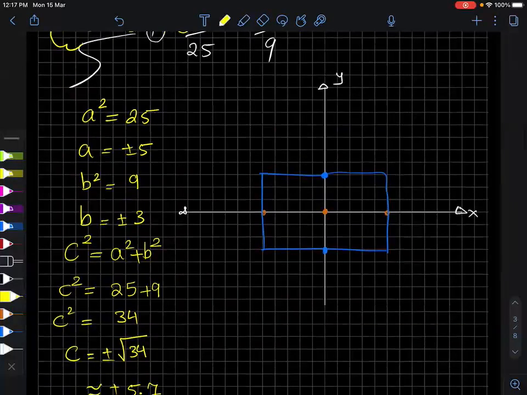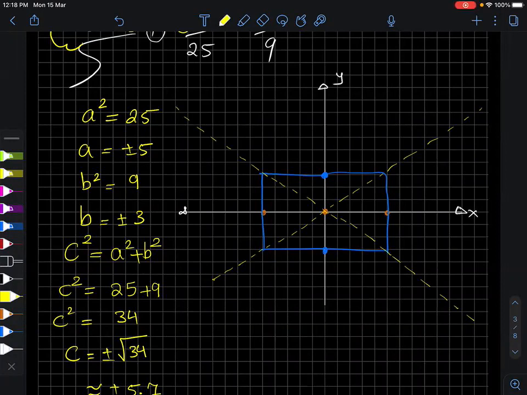The asymptote comes from the corner, should be a dashed line, and passes through the center to the other corner of this rectangle. The other asymptote comes from here, passes through the center, and intersects with the other asymptote at the center, 0, 0.